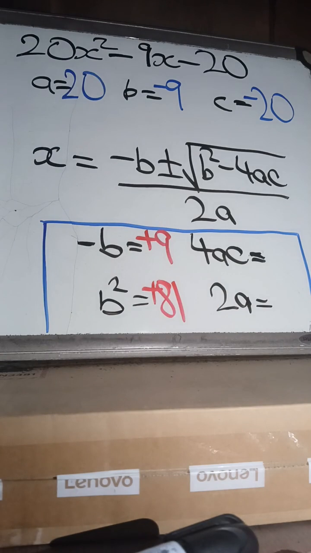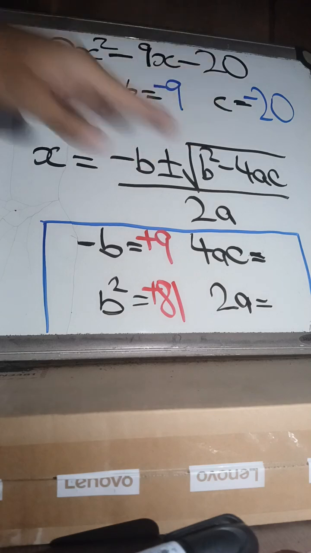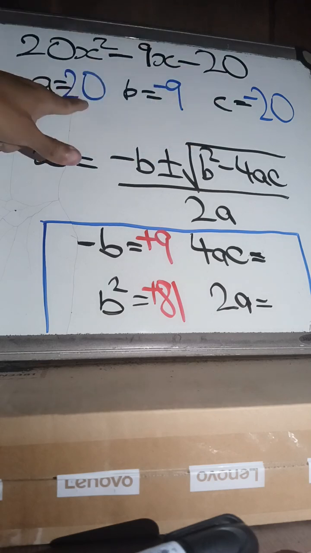So we have that. Now we have 4AC. Now to make that easier, we always use the AC method when we're factorizing this, right? So we always instinctively go towards multiplying this by that.